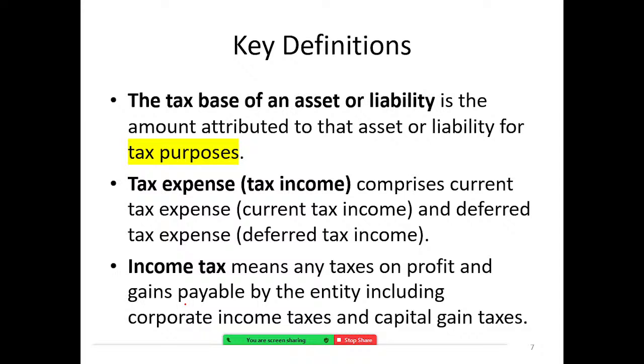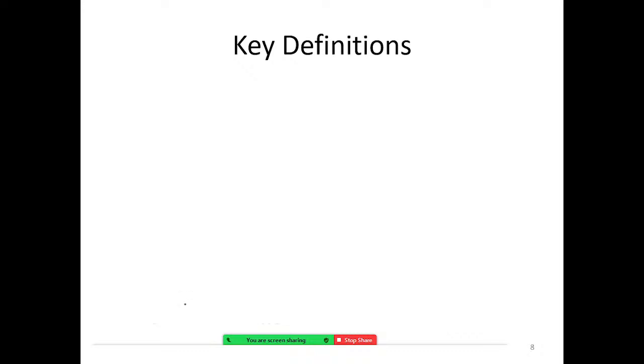So the entity always records tax expense, but it's divided into two parts, that is current tax plus deferred tax. Income tax means any taxes on profit and gains payable by the entity, including corporate income taxes and capital gains taxes. Corporate tax plus capital gains.